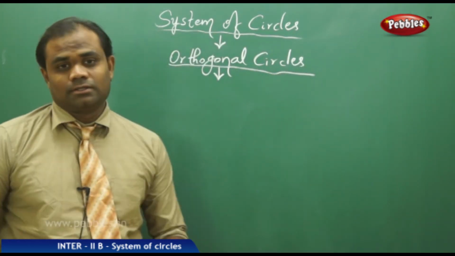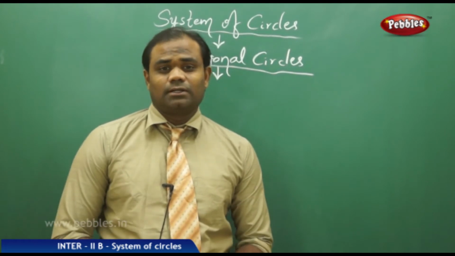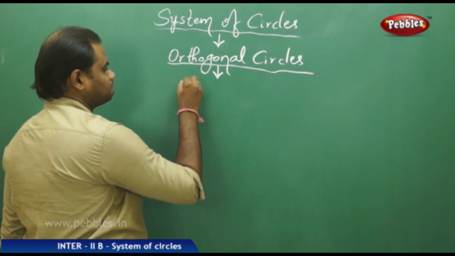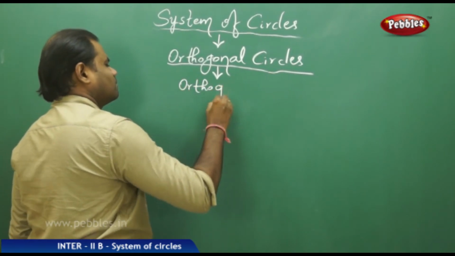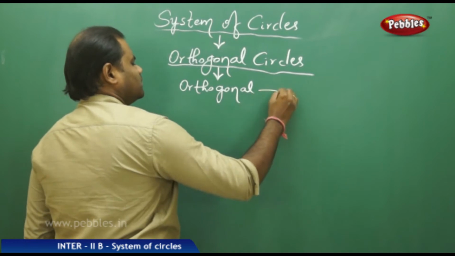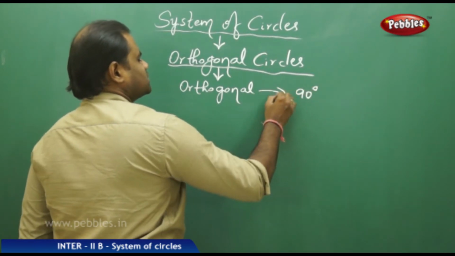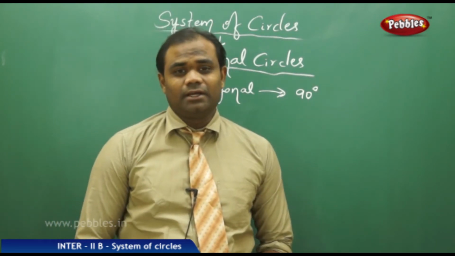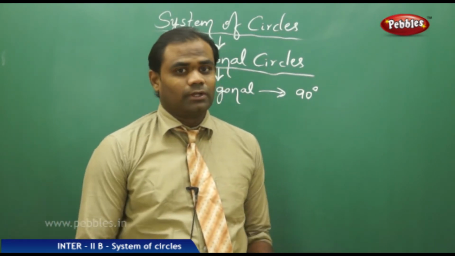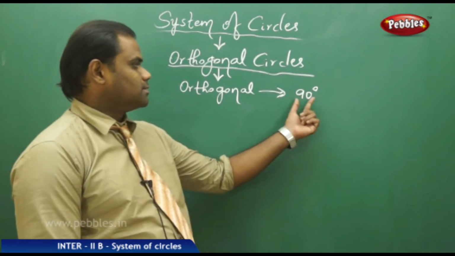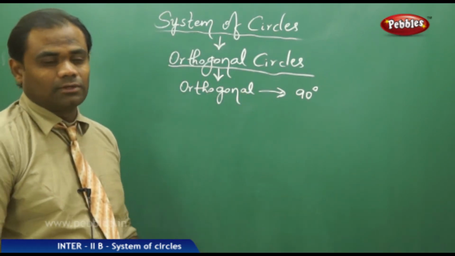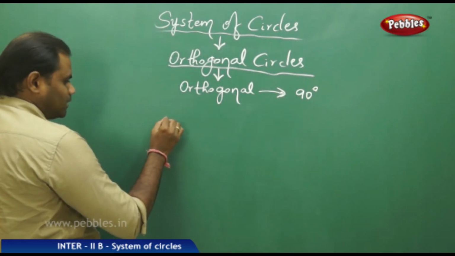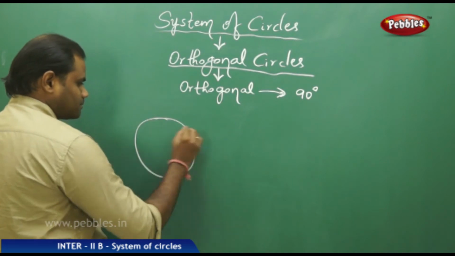Orthogonal circles. What do we mean by orthogonal circles? The word orthogonal refers to perpendicular, which is associated with 90 degrees. Therefore, if the angle between the two circles is 90 degrees, we say that the two circles are orthogonal. So orthogonal circles are circles which cut at 90 degrees.